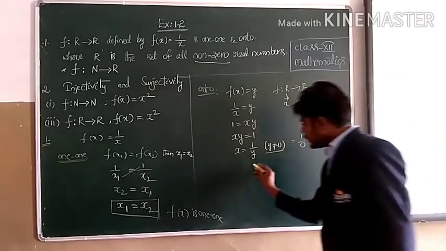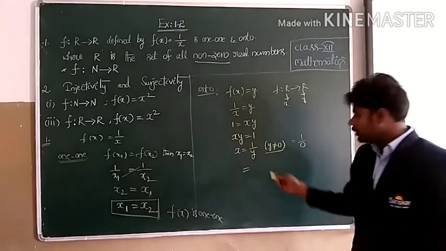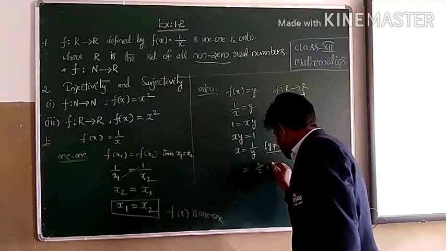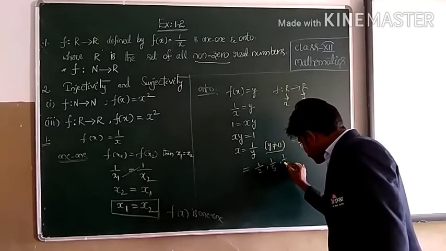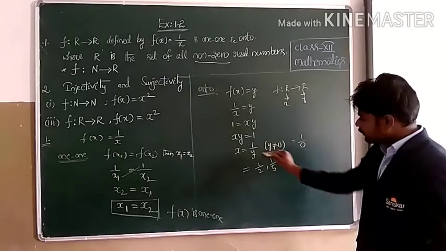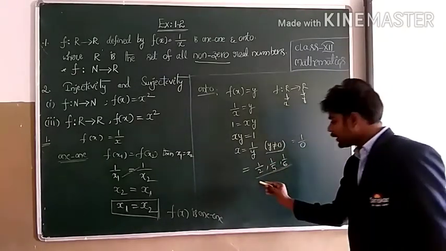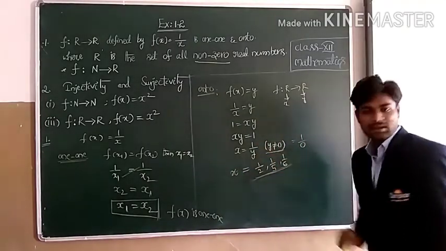Okay, if you take any number for y except 0, suppose I consider y equals 2, then x is 1 by 2; y equals 5, then 1 by 5; y equals 6, then 1 by 6. All these are real numbers only, right? These are the x values according to the y values.